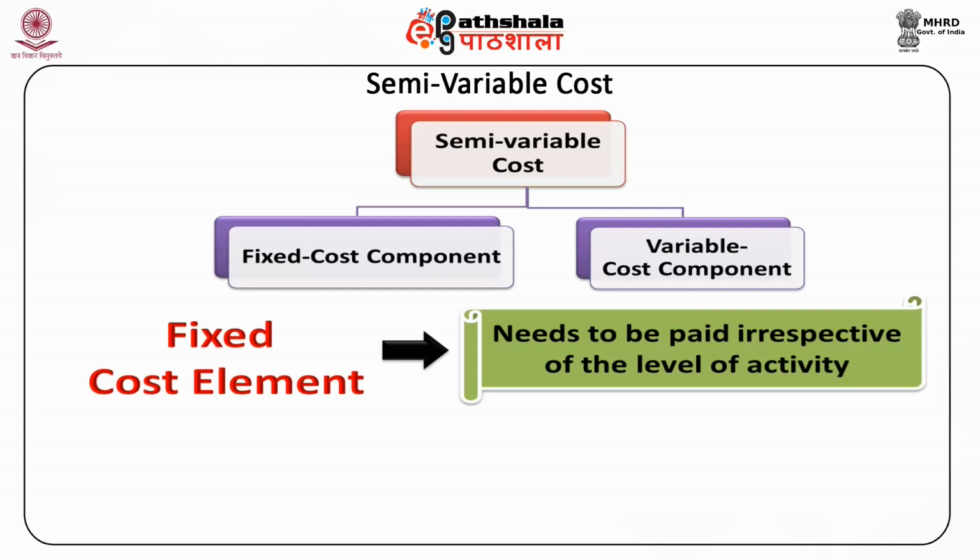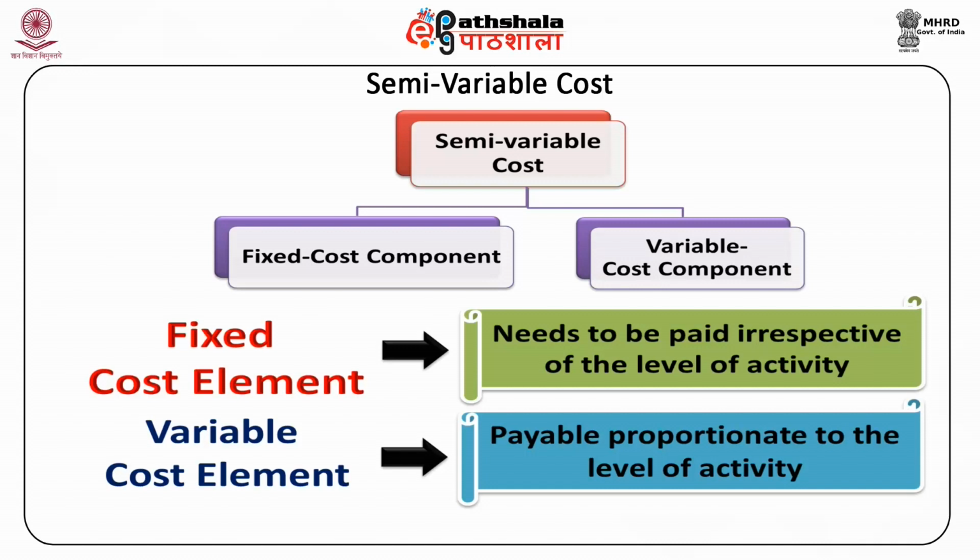On the other hand, the variable component of the cost is payable proportionate to the level of activity. It shows similarities to telephone bills. One must pay line rental and on top of that a price that depends on how heavily one is using the service. So, it changes with output.